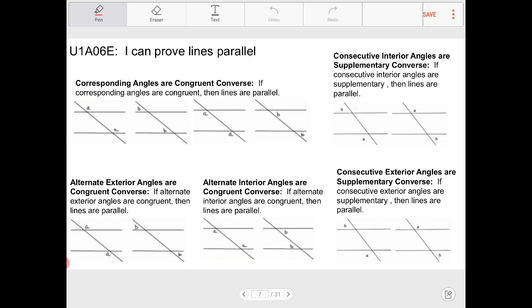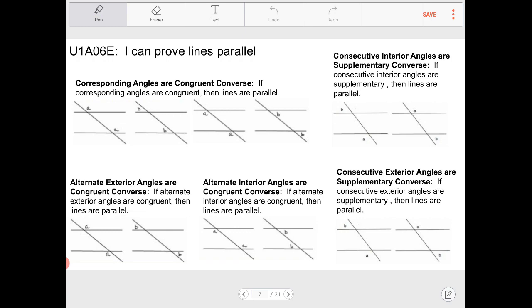Consecutive interior angles are supplementary, converse: if you know that the consecutive interior angles are supplementary, then we can conclude the lines are parallel. Notice that for all of these angle relationships, the conclusion is that the lines are parallel.